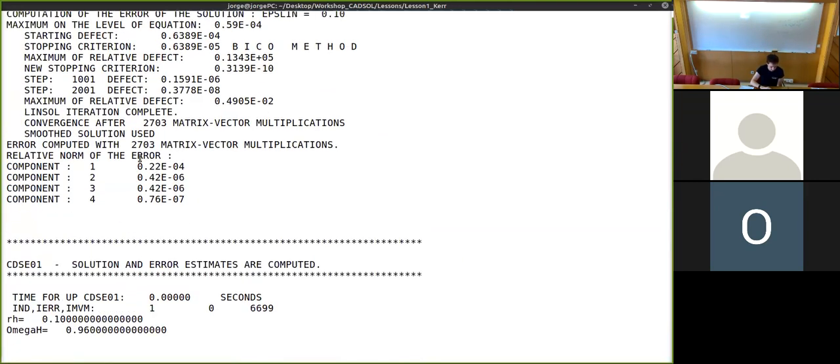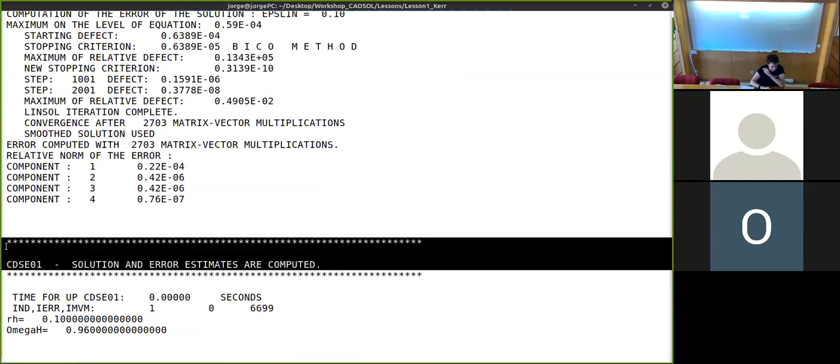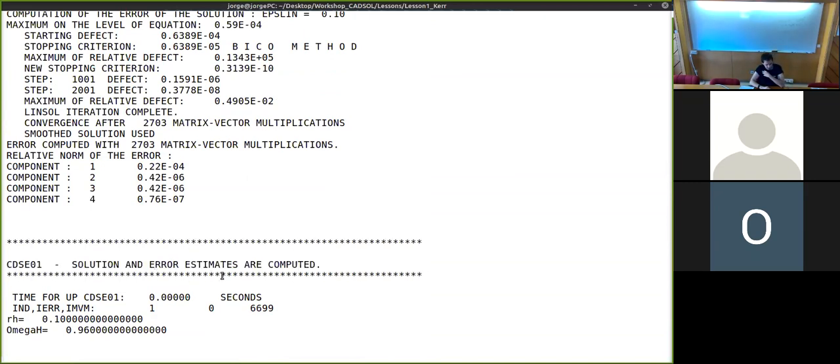But let's look at this. The second thing that I want to look at is basically this. This says that the solver computed the solution and also provided the error. So if you run it and you get this phrase, then in principle, everything is good.